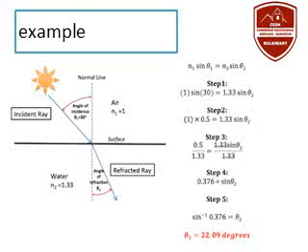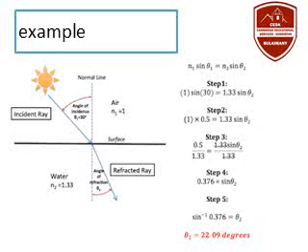Again, the incident ray is located in the first substance, like here n1 equals 1. So the first substance has index equal to 1. This is the normal. This angle is the angle of incidence, which is 30, given.